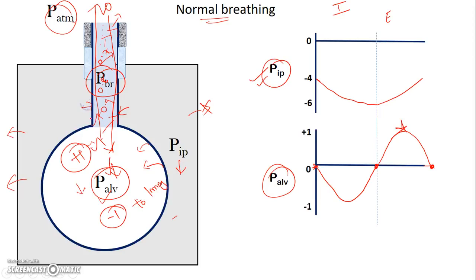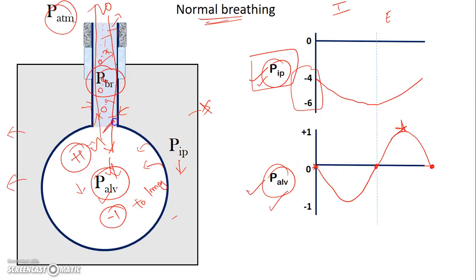by these airways. Now if you have noticed, this alveolar pressure is always higher than this intrapleural pressure during a normal breathing cycle. So this is much negative, -4 to -6, but this varies from +1 to -1, which is always positive. The changes happening in the bronchial pressures are almost similar to this.